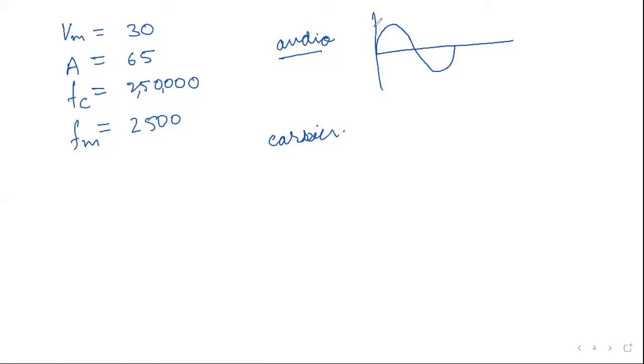What is the maximum amplitude? Vm is 30, so here it should be minus 30. If anybody asks you what is the peak to peak voltage, Vpp, it should be 60.